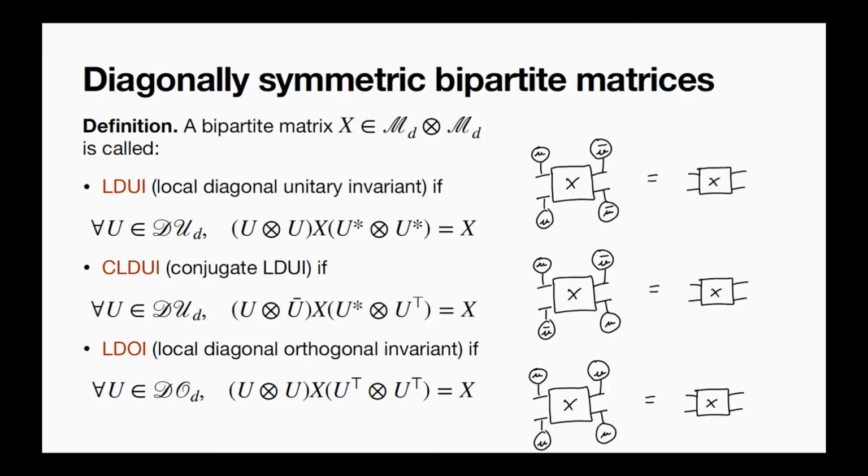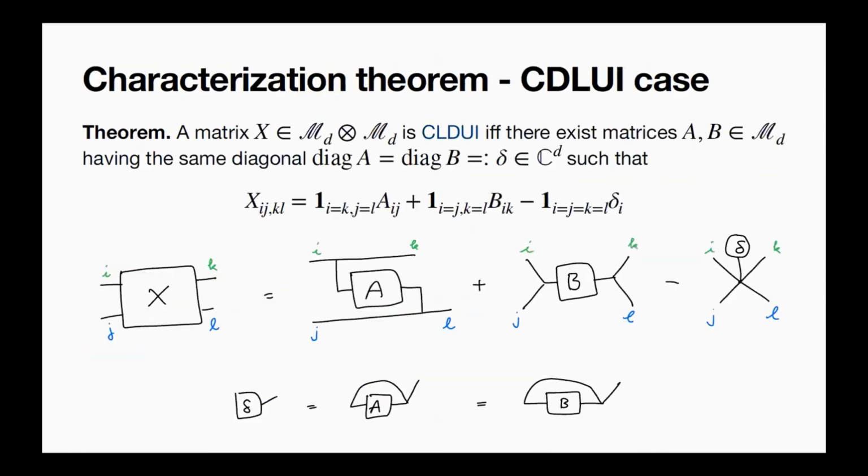And this is how these conditions look in pictures. Before, I had the matrices U acting here, here, here, and here. Now, since the U's are diagonal, I just put this small vector u on top of the lines. Good. So, results.